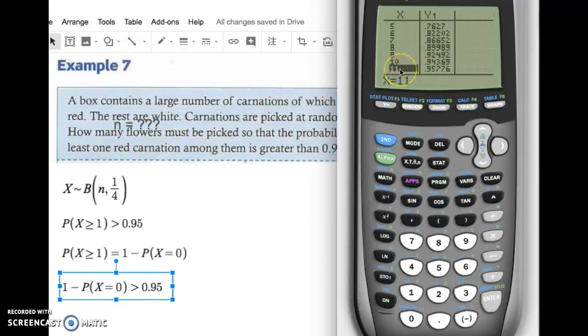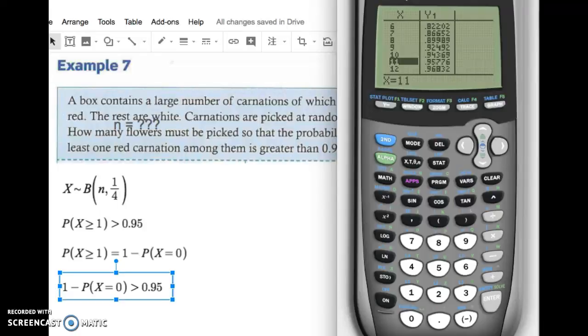When my x is 11, my probability is 0.95776, and that's my answer. On the textbook, you see that they approach this problem in a more algebraic way, but in the end, they still ended up using a calculator.